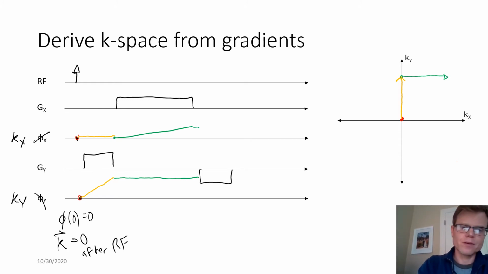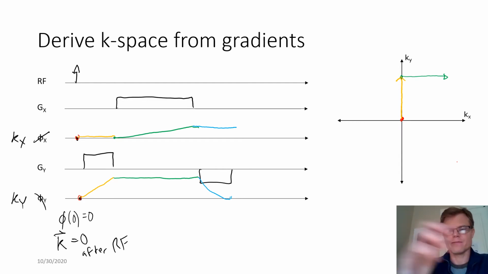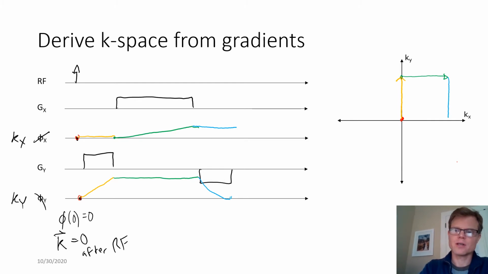Then in the final interval here, nothing is changing for x, but we've reversed the phase accumulation from the y gradient, in terms of the k-space trajectory, that looks like this.